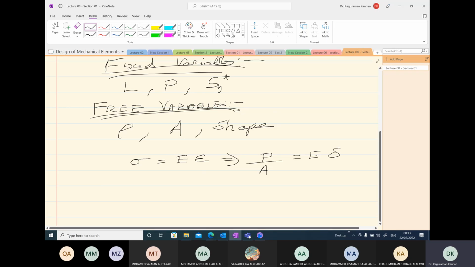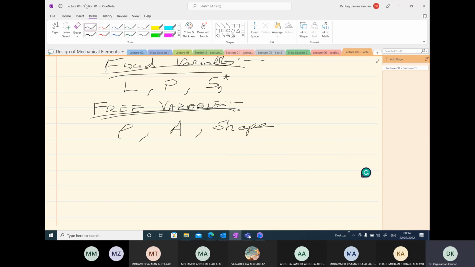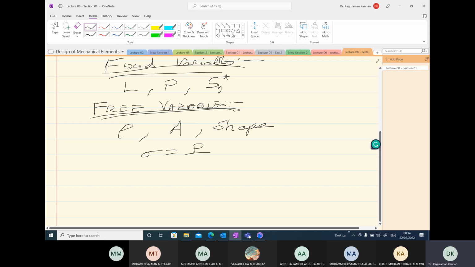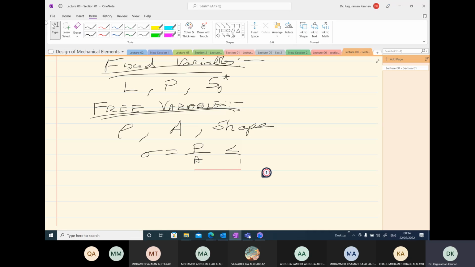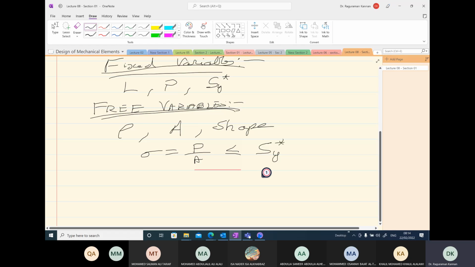But we want it in terms of strength, so we do not want to use the E values. Rather, we want the strength parameter. So sigma equal to P over A should be less than the strength parameter, because the stress developed in the material should always be less than some strength parameter.